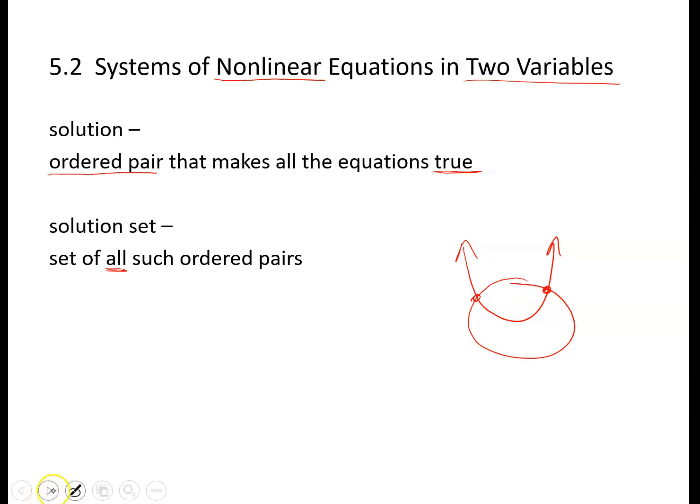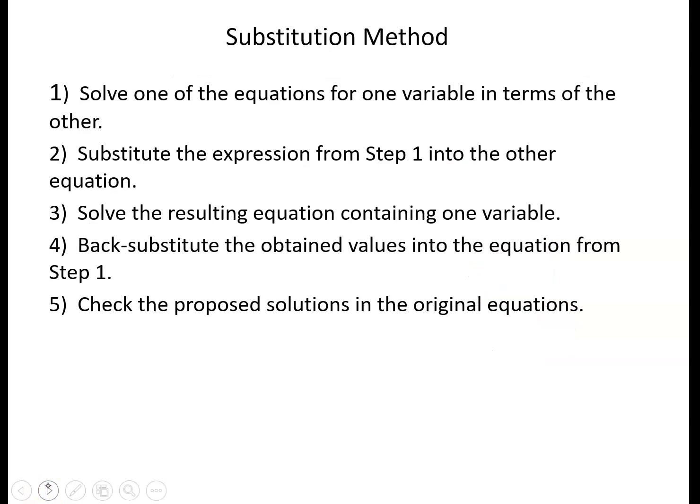So we're actually going to use the same methods that we used in 5.1. So we'll start with the substitution method. And the first step is still the same as it was. Solve one of the equations for one variable in terms of the other. Now, you're still wanting to look for a variable with a coefficient of 1 or negative 1.